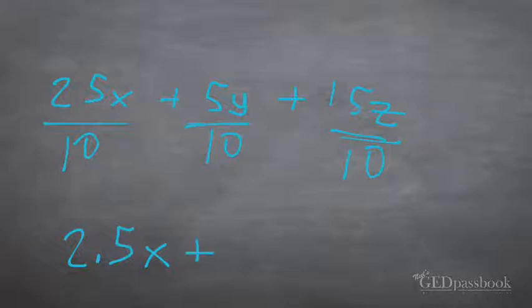Plus, what is 5y divided by 10? 0.5y. I did 10 divided by 5. No, the 5 comes first. You got to do 5 divided by 10. What's 15 divided by 10? 1.5z. So now, that's pretty much the answer.